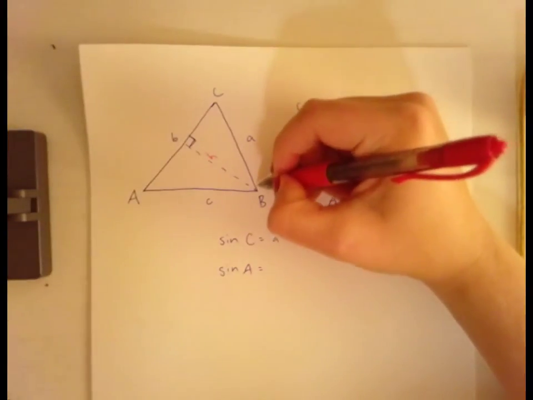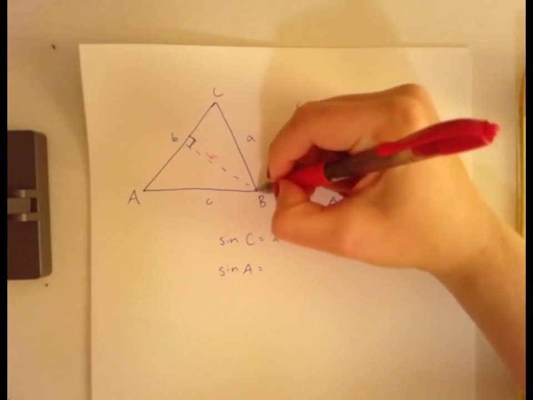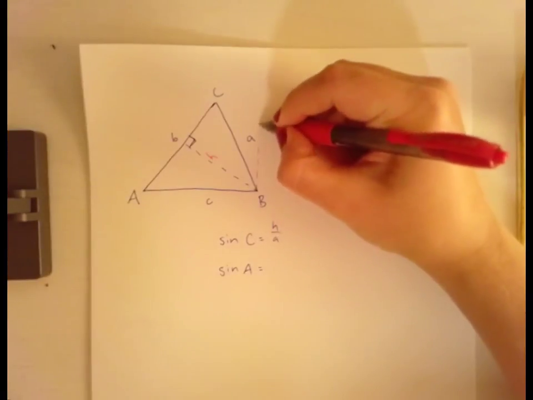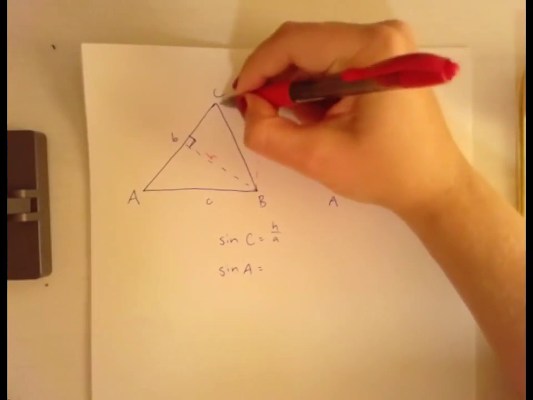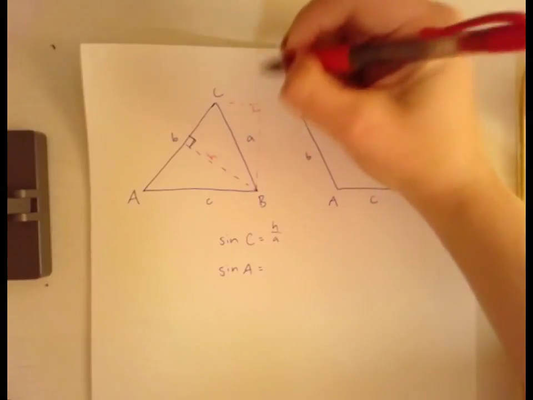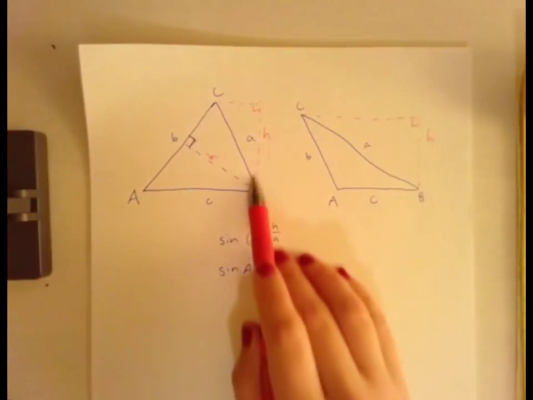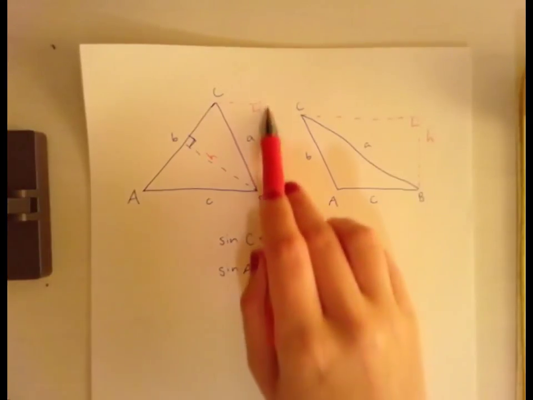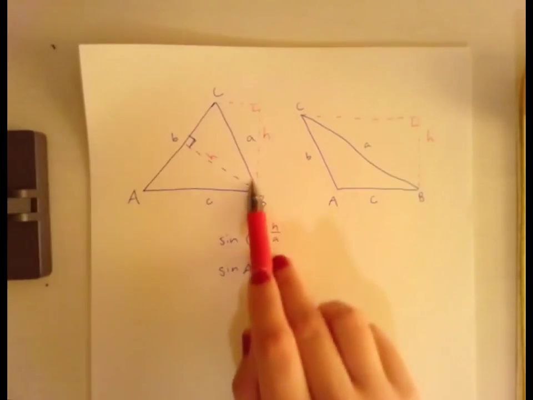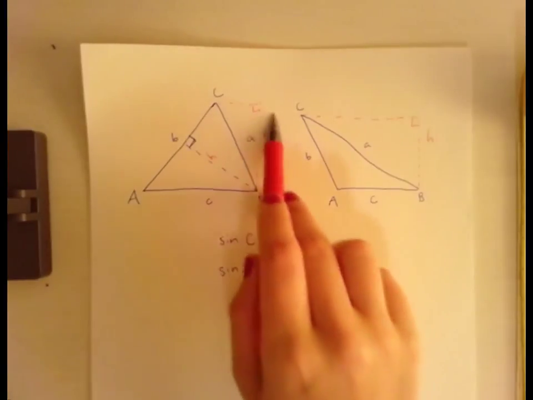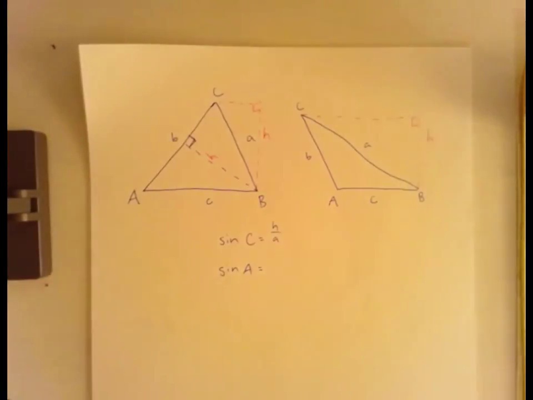I'm going to draw another way to determine the height of this triangle over here where A is acute. I'm going to say that this is the height. If I draw a triangle extending from angle B up, angle C out, that's also a true way to arrive at the height.